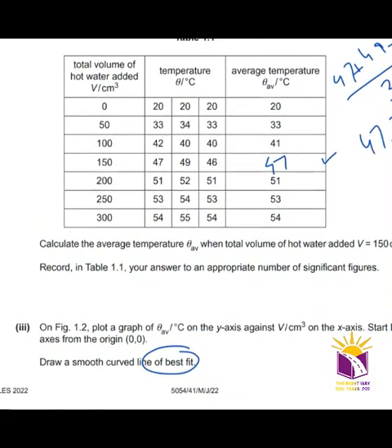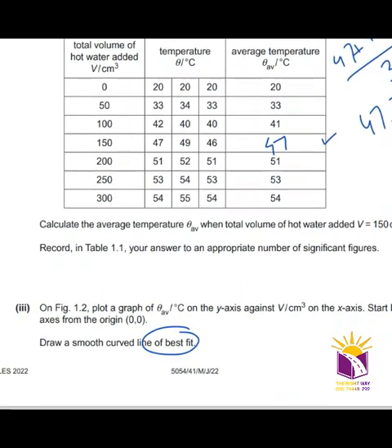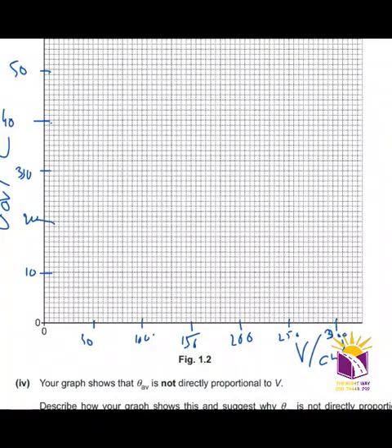So for 0 the temperature is 20, and for 50 the temperature is 33. So 30, 1, 2 and 3, it will be over here.